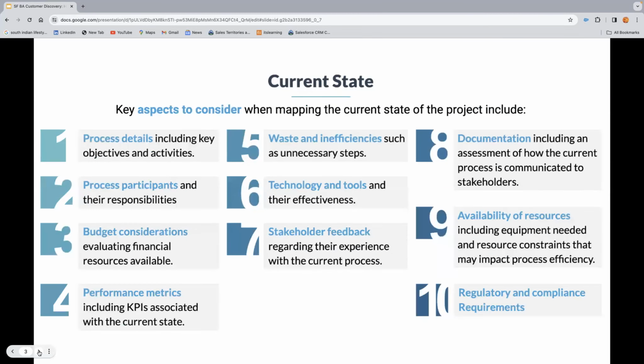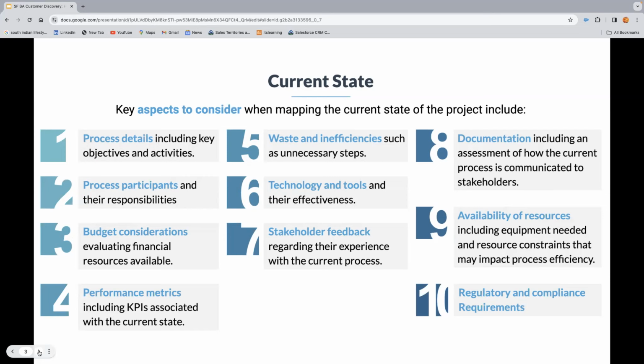Current state. The key aspects to consider when mapping the current state of the project include process details, including key objectives and activities; process participants and their responsibilities; budget considerations, evaluating financial resources available; and performance metrics that include KPIs associated with the current state.